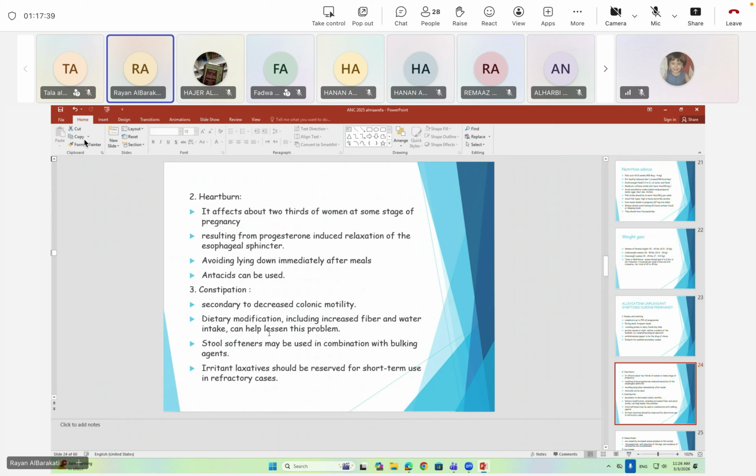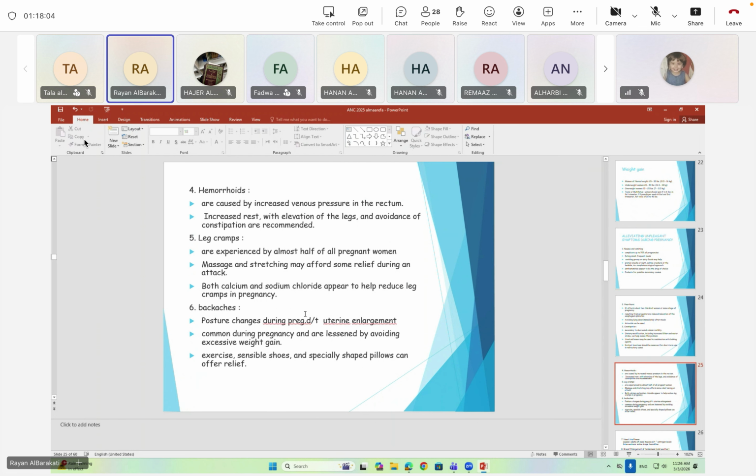So usually we depend on stool softeners and bulking agents for prevention. We might use some laxative, but a mild laxative for short-term use only, in severe, non-responding or refractory cases, because sometimes if you give inducing or laxative agents, you can get the patient into labor.